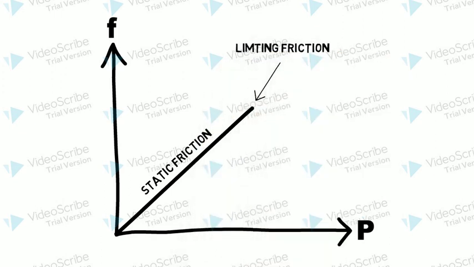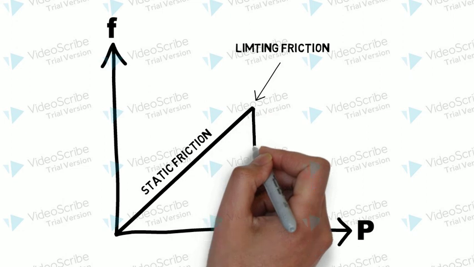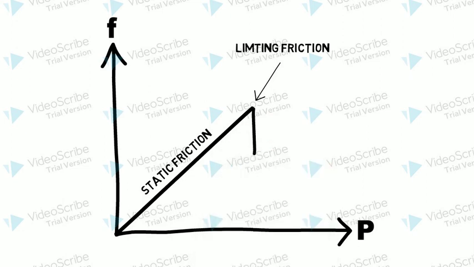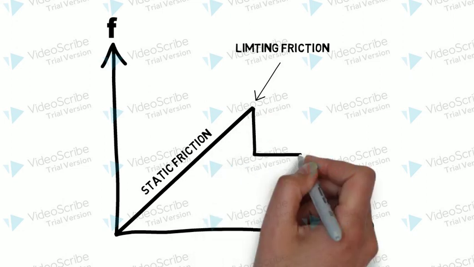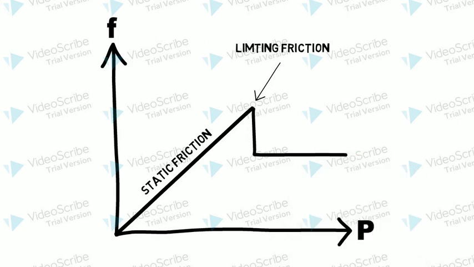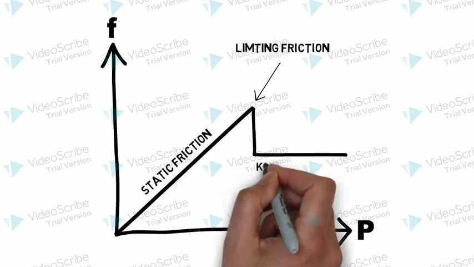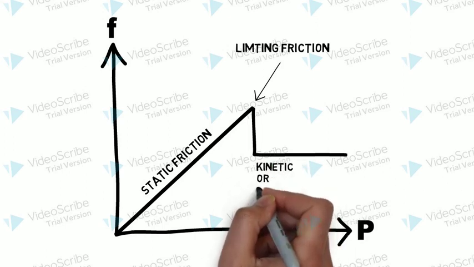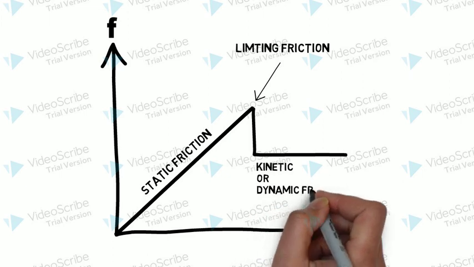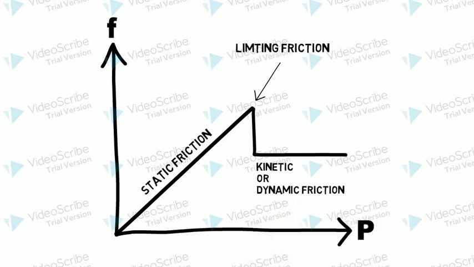At this point, the static frictional force is overcome, and the frictional force reduces, and the body is set into its motion, which is stable. Here we have kinetic friction or dynamic friction, which is much lesser than the static friction.